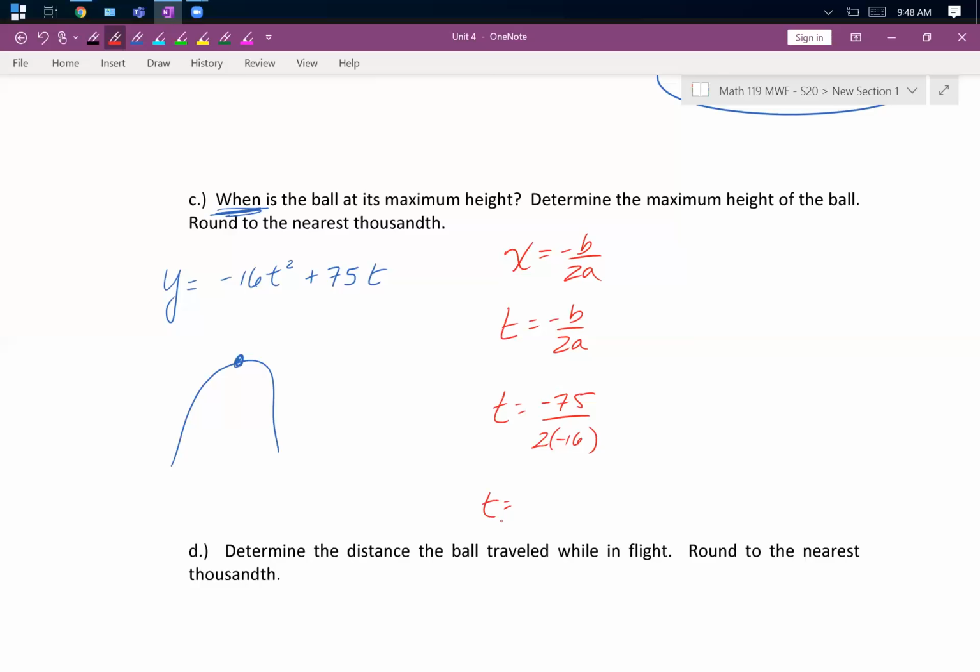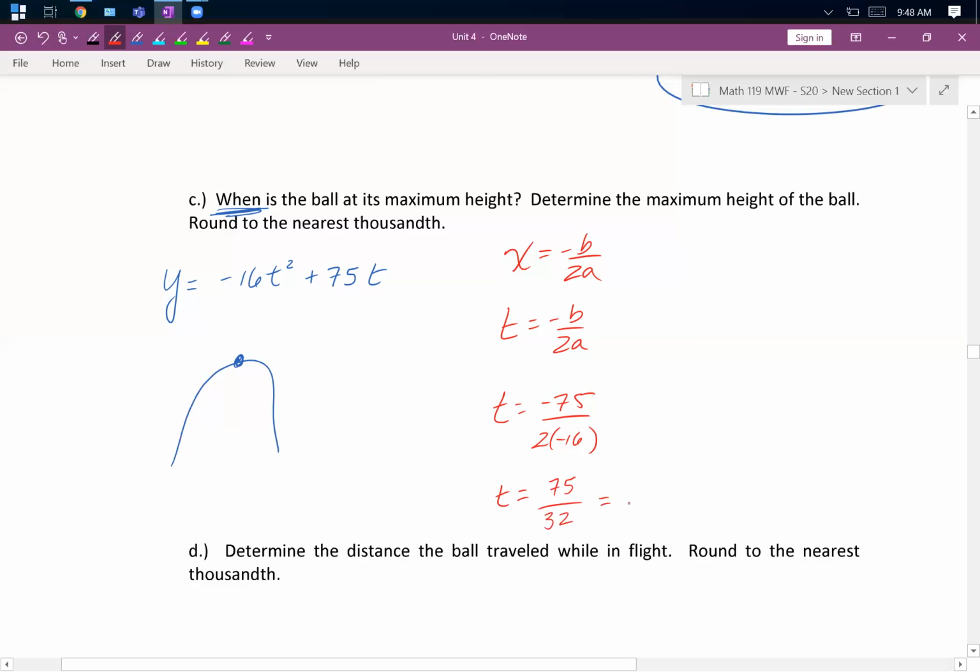Okay, I'm going to do two things. First, I'm going to get the fraction. Then I'm going to round it to the nearest thousandth. But when I put it in to find the corresponding y value for the second part of the question, I'm going to use the fraction so that I get the most correct answer for the second part.